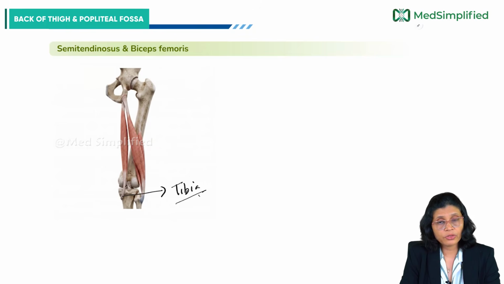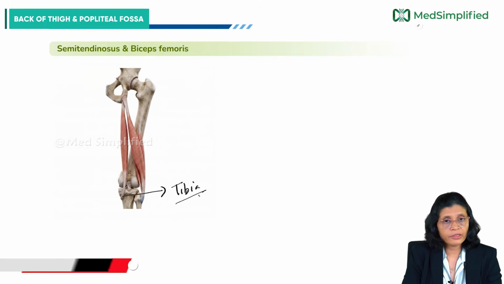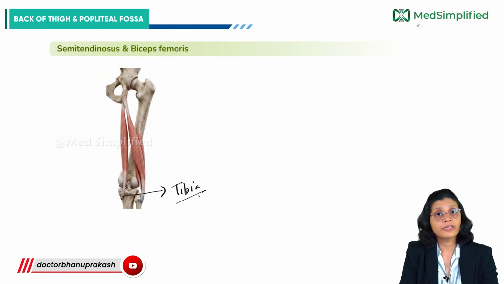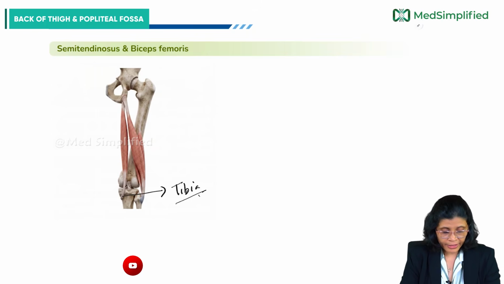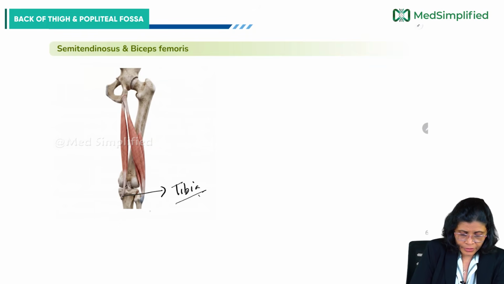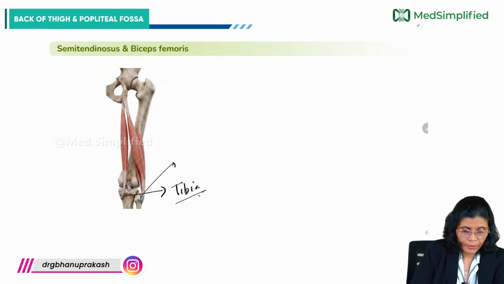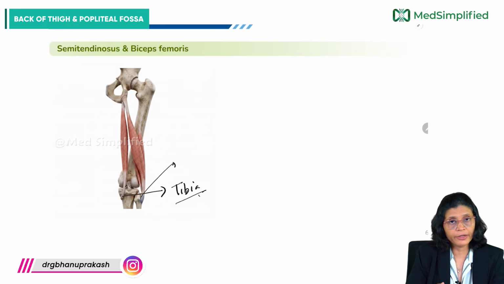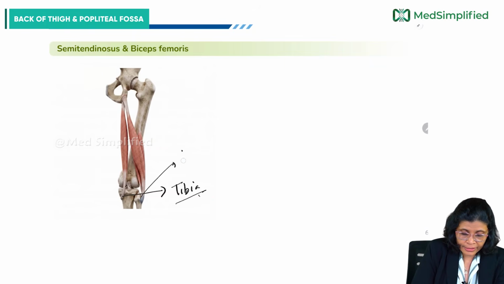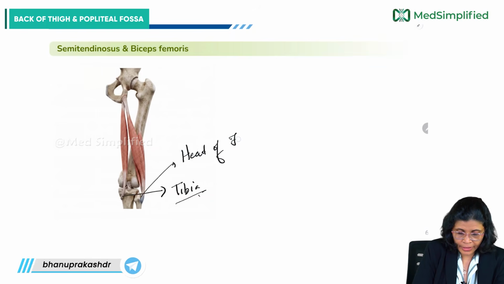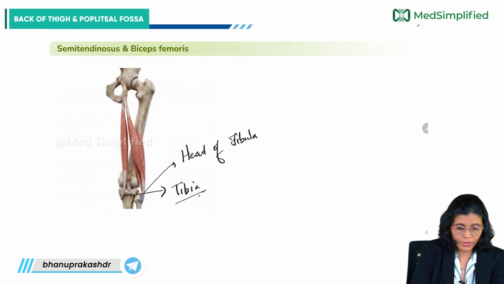Now biceps femoris. Biceps femoris has its origin similar to the semitendinosus, from the infero-medial part of the upper quadrilateral part of the ischial tuberosity, and it gets inserted to the fibula. Along with the short head of biceps, they join to form a common tendon which gets inserted to the head of the fibula, in front of the styloid process there.